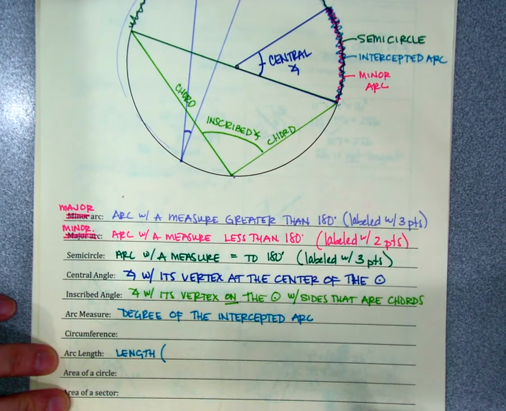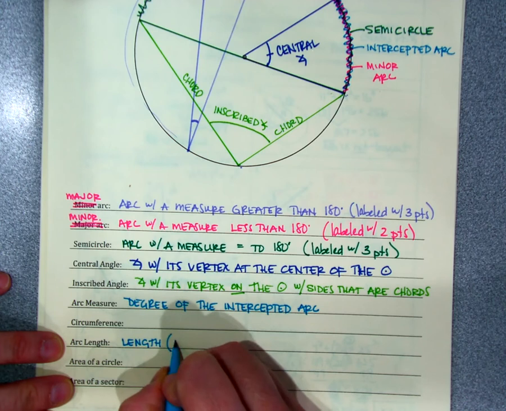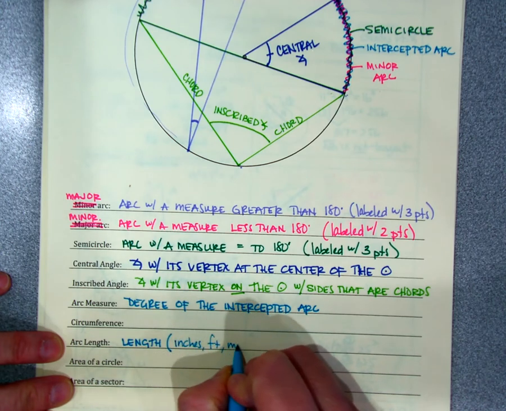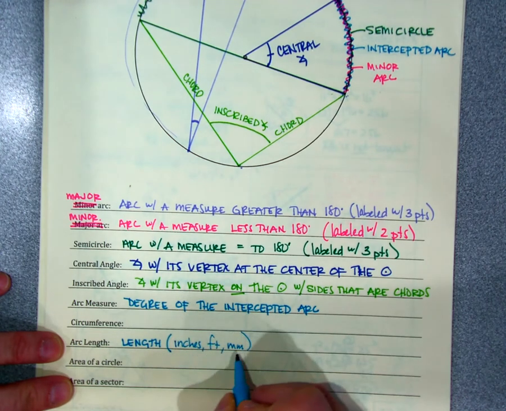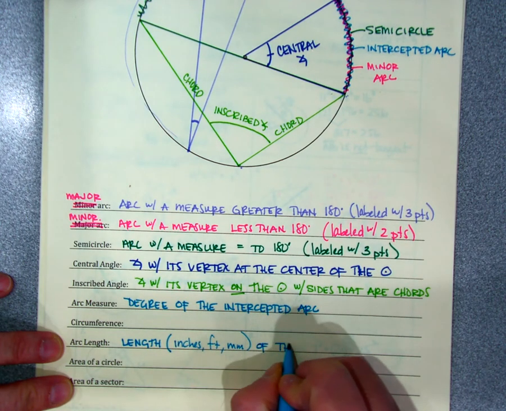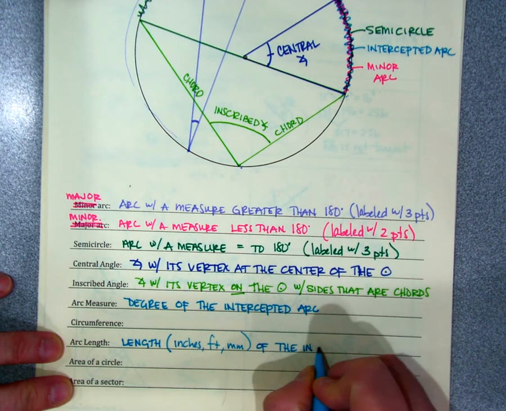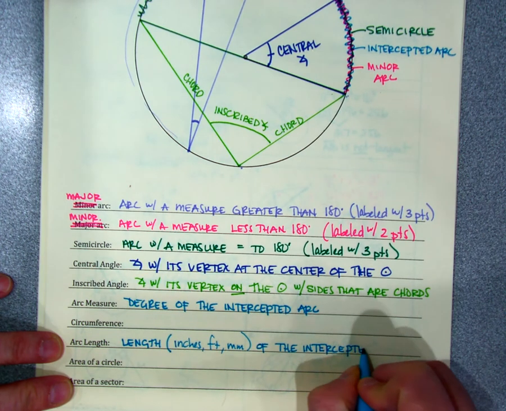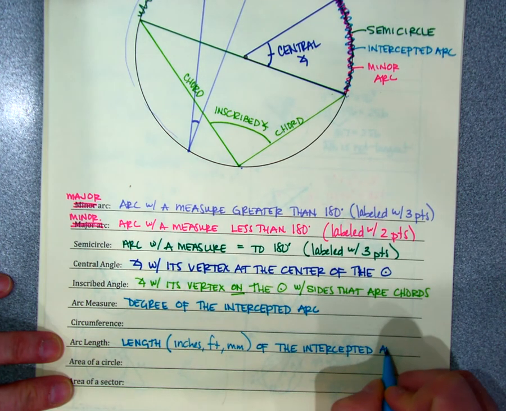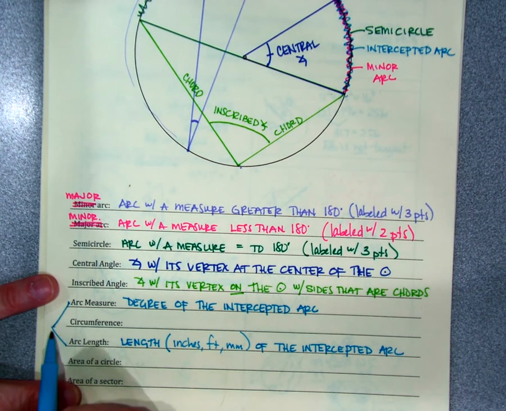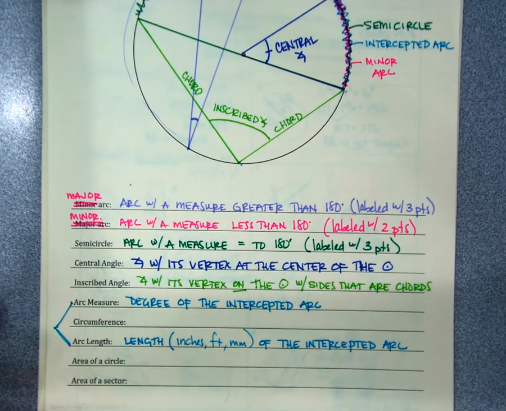I'm going to put a little note here that this could be inches, feet, or millimeters. So these are lineal measurements. So it's the length of the intercepted arc. The most common error is people confusing arc measure with arc length. We'll talk more about that when we get there.